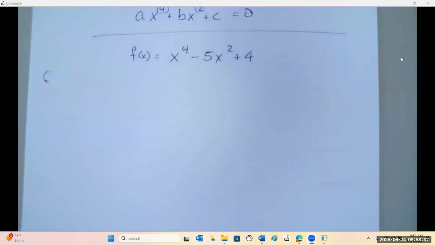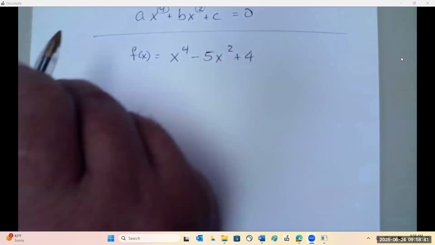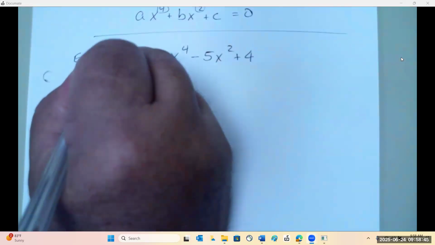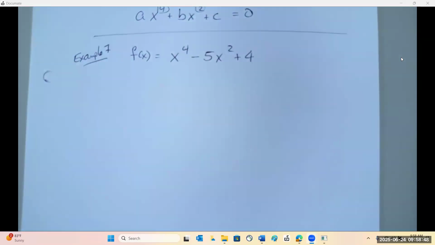Find me the x-intercepts of this equation. This is example 7. So what do you think we're going to use here? Can we use factoring? Well, let's see.